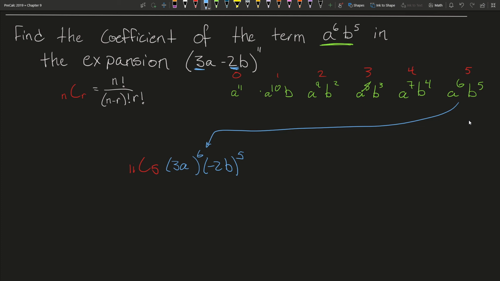Then we can simplify that a little bit. So 11 choose 5. Again, go to math, scroll right to probability, go down to nCr, type in 11 choose 5. That's 462. 3 to the 6th, that's times 729.